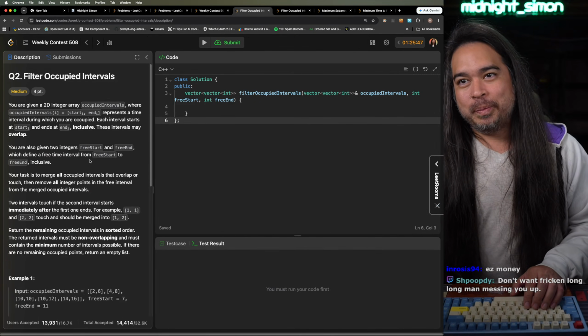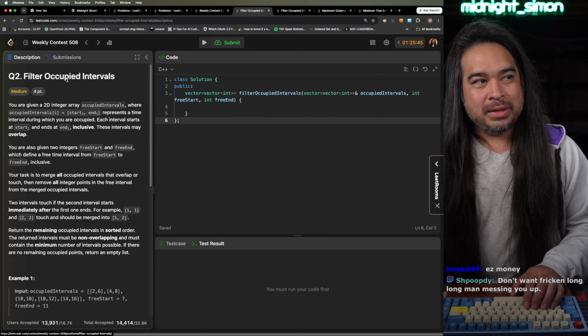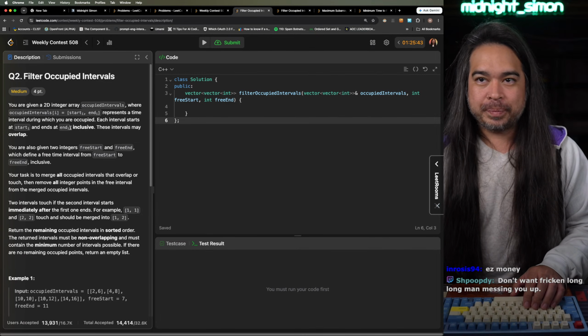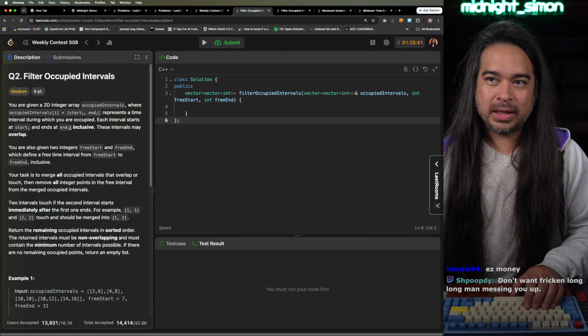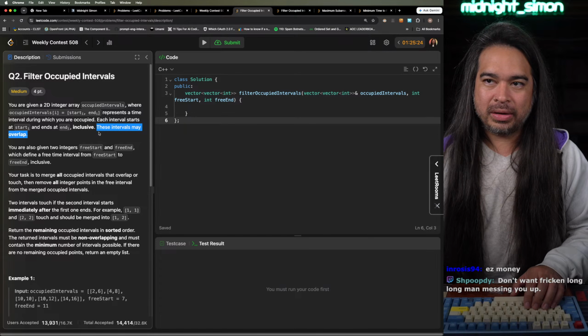Alright, Q2. Filter occupied intervals. You're given a 2D integer array, occupied intervals, where each interval is a start and an end and represents a time interval during which you are occupied. Each interval starts at start and ends at end, inclusive. These intervals may overlap.